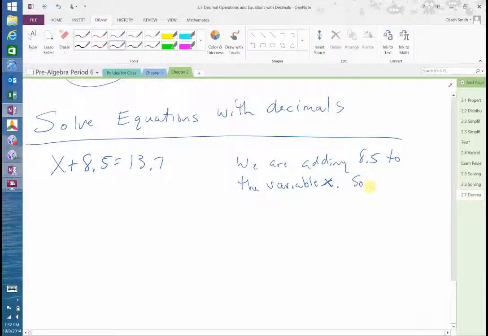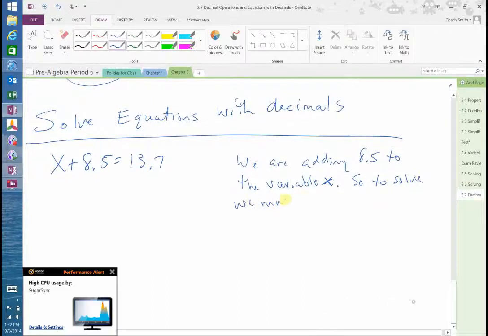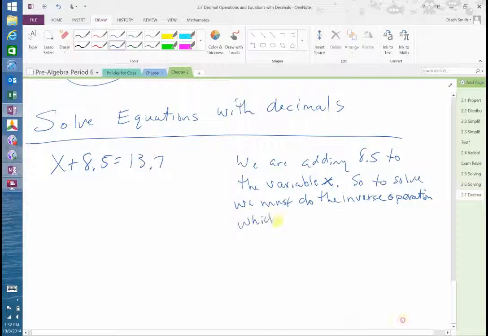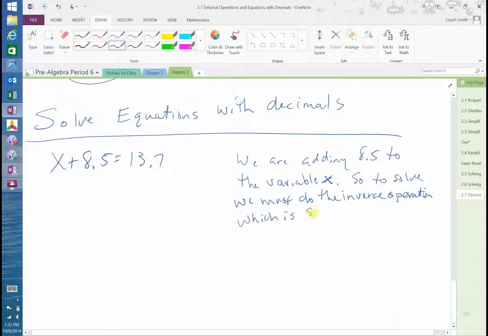So to solve, we must do the inverse operation, which is subtracting 8.5 from both sides of the equation.